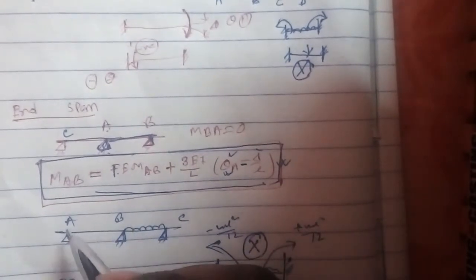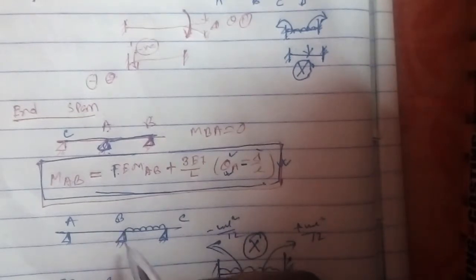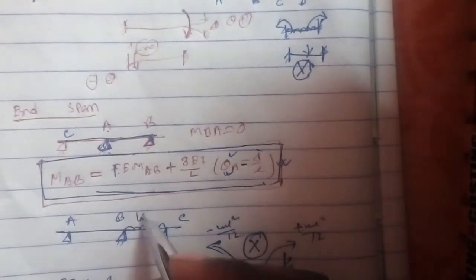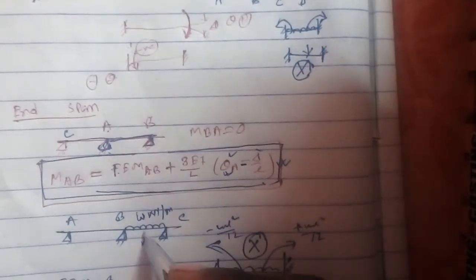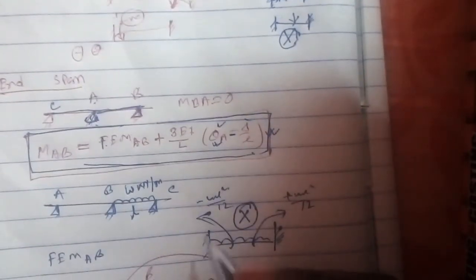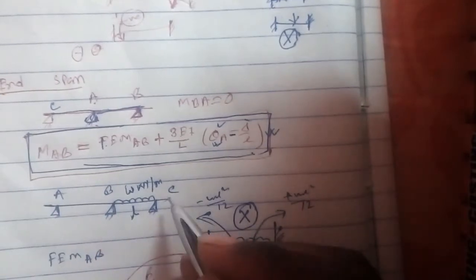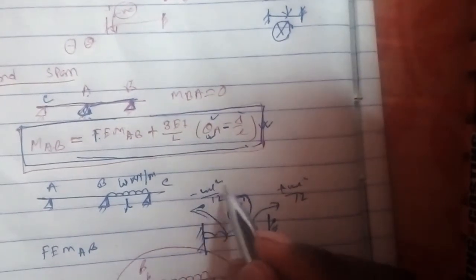Okay, now suppose it is a beam ABC, and the portion BC carries a uniformly distributed load, say W kilonewton per meter length, with span L. As it is the end span, most of us take this portion BC, fix the two ends, and calculate the fixed end moment as minus WL square by 12 and plus WL square by 12.